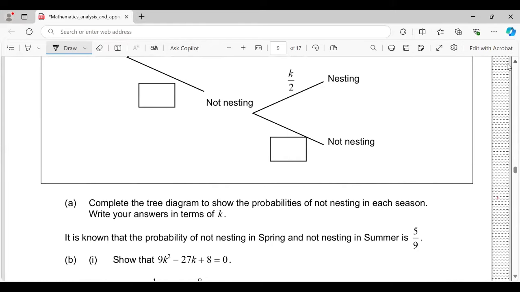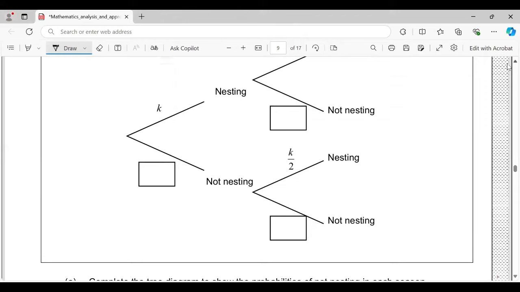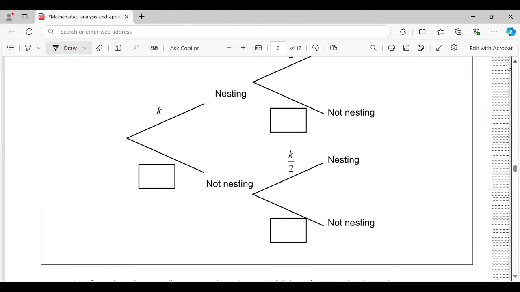So it means we have to start from here. This probability is 1 minus k. If this probability is, for example, 2/3, this is 1 minus 2/3. If this probability is 4/5, this probability is 1 minus 4/5.